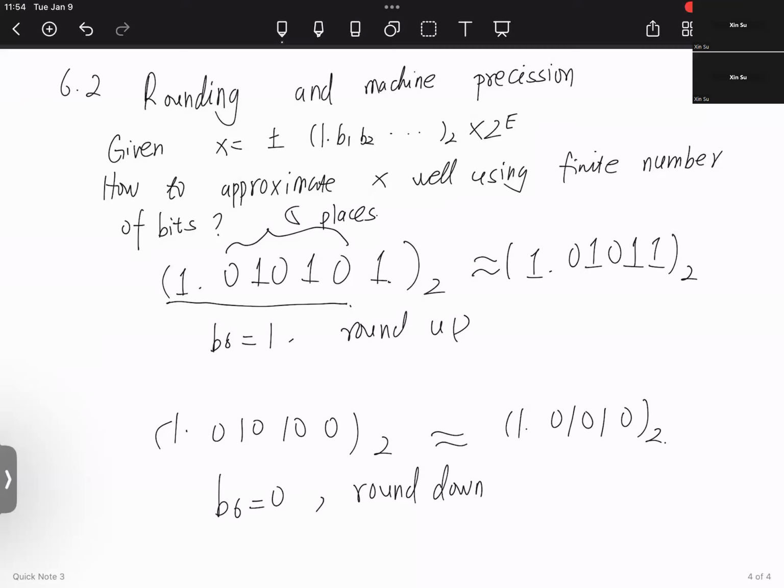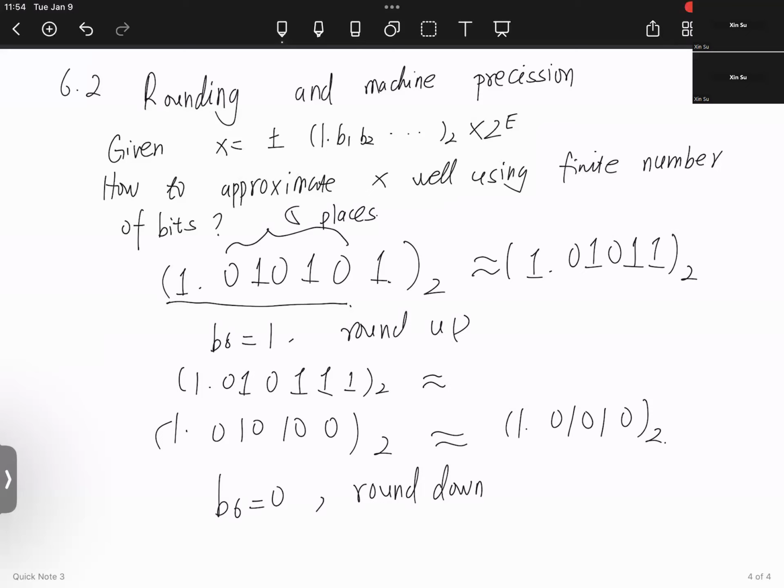And if we already have another number here, for example, a 1 instead of 0, and then we have 1 in the 6th place, how do we round it up? Because this one is 1 and we want to round it up, we want to add 1 to this place.